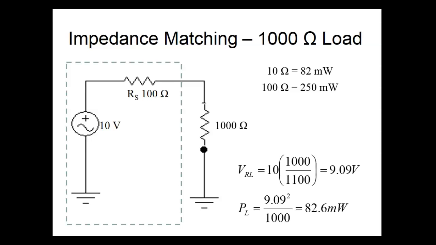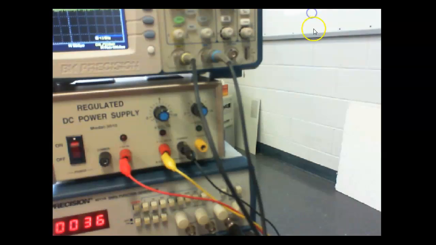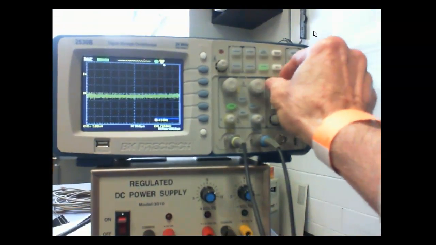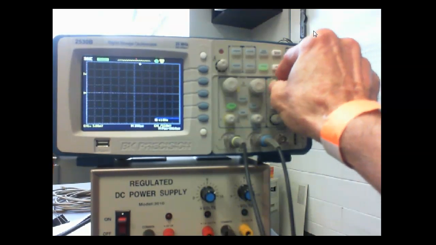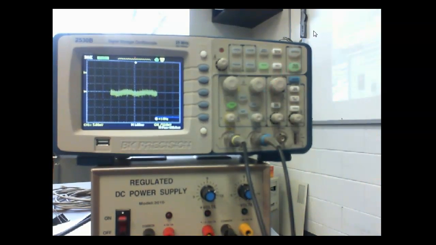But if I talk into the speaker, it's going to cause the diaphragm to move, and when the diaphragm moves in the magnetic field, it's going to generate a signal. Does that make sense? It's not very efficient, but I can use the speaker as a microphone.